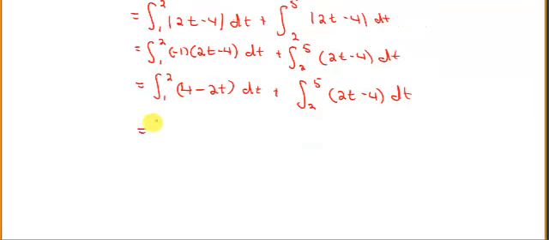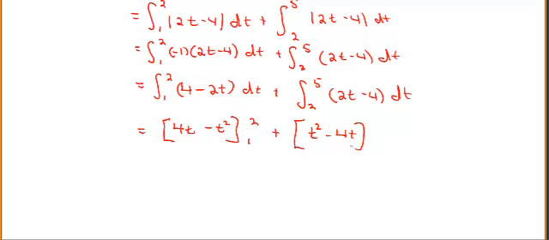So let's see, what's this? The antiderivative of 4 is 4t. The antiderivative of 2t is t squared. So I'll have 4t minus t squared from 1 to 2, plus t squared minus 4t from 2 to 5.